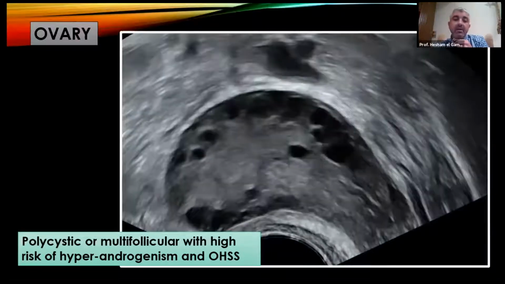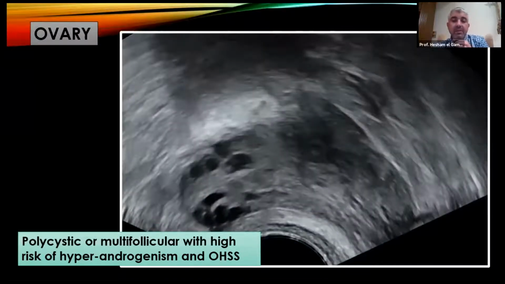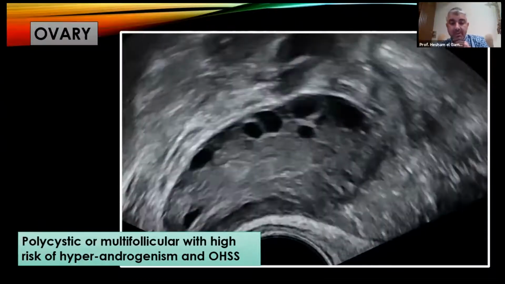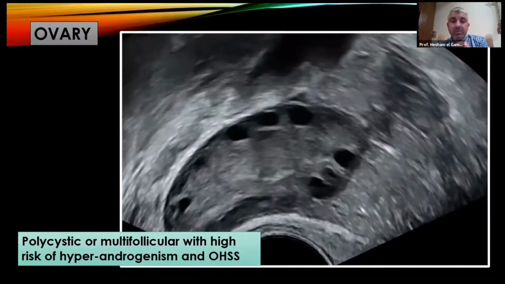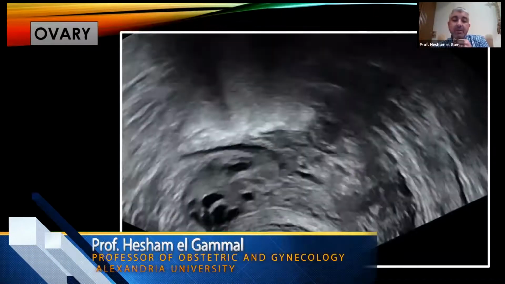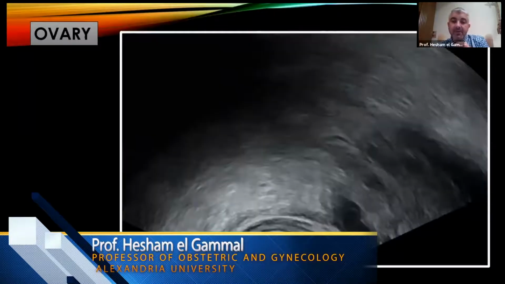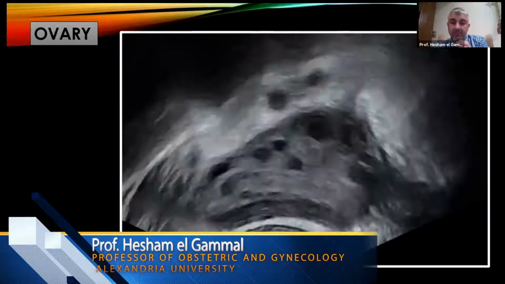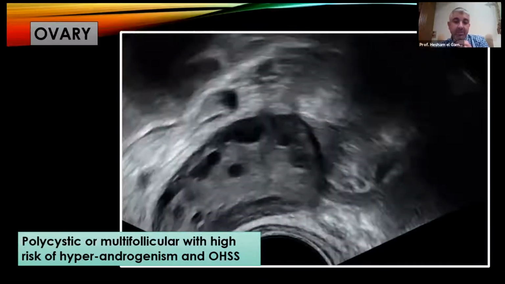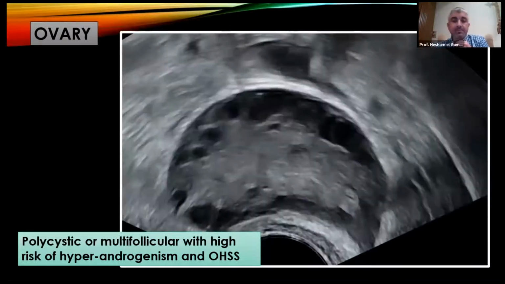And the criterion was that if you see more than 10 of these follicles, then there is a problem. Now, of course, it has increased up to 20 to 25 follicles. After that, you would say that this is a polycystic ovary having a high risk of development of hyperandrogenism and a high risk of development of ovarian hyperstimulation syndrome with induction of ovulation, and a very thick stroma.